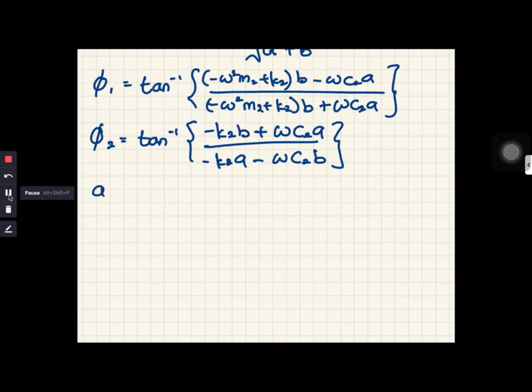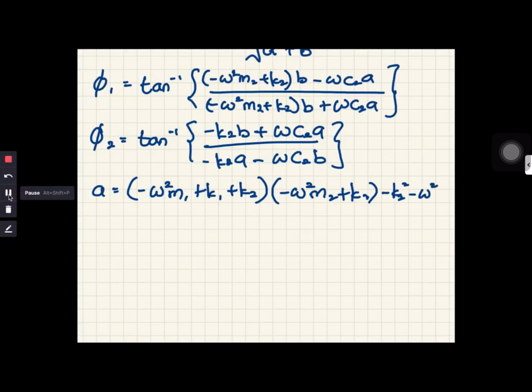So A here is actually the term negative omega squared m1 plus k1 plus k2 times negative omega squared m2 plus k2, minus k2 squared minus omega squared c1 times c2.